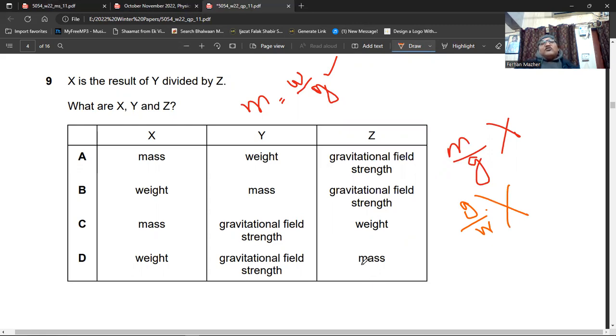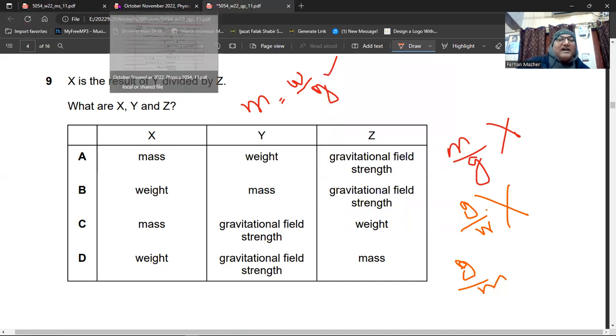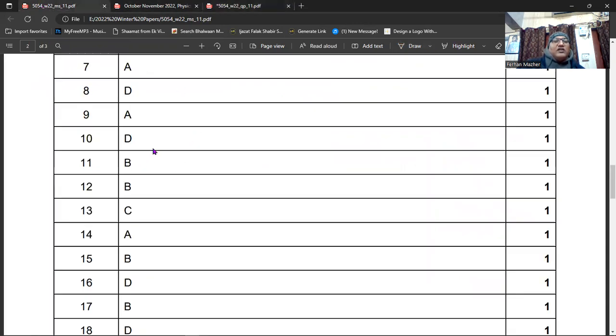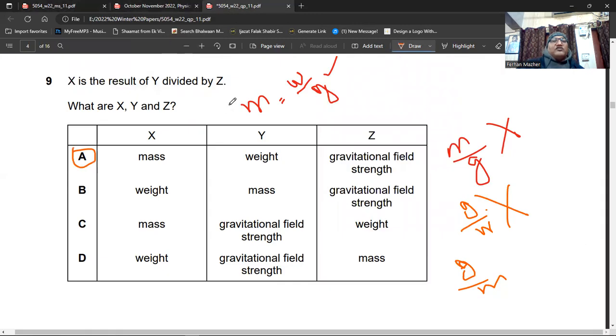The mass is equal to W divided by G. And gravitational field strength divided by G, you see, G divided by M. That is also wrong. So the only right option is A, mass is equal to the weight divided by G. So for question number 9, A is the right option, sir.